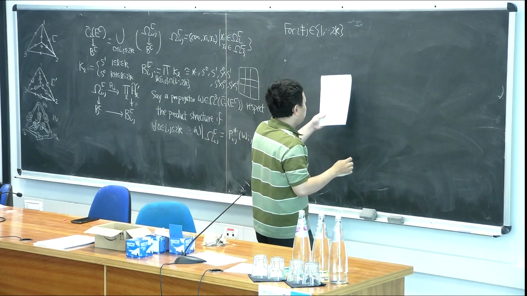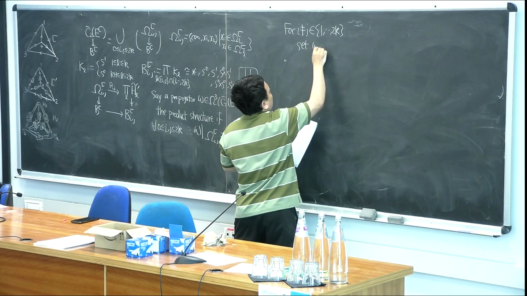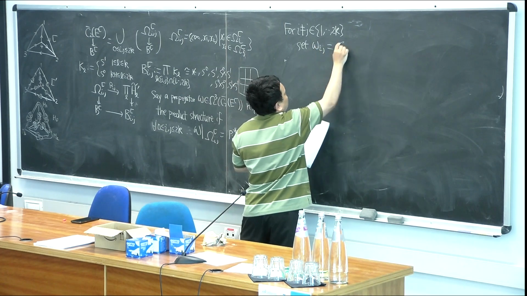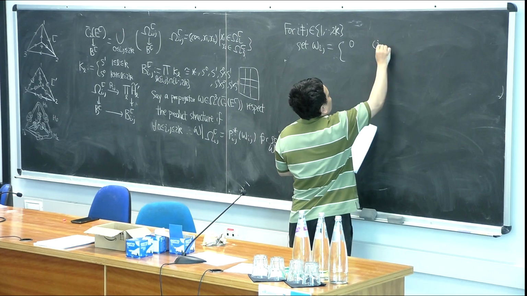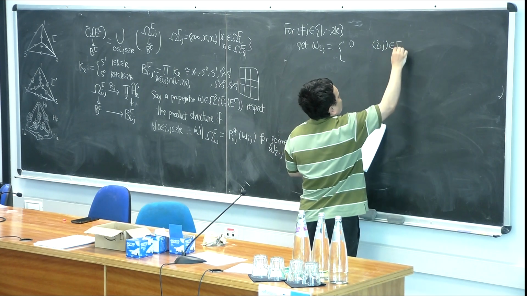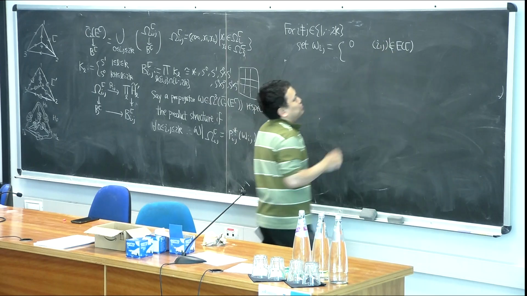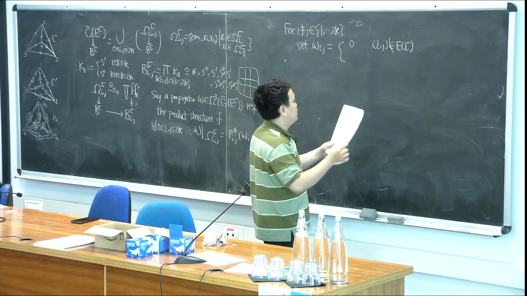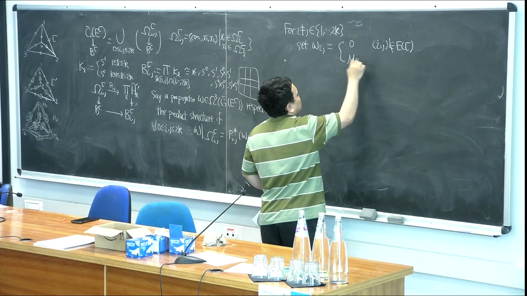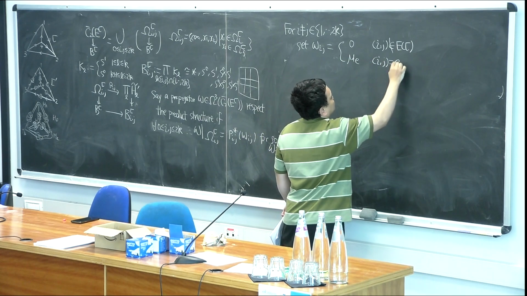We set omega ij to be 0 if there is no edge connecting these two vertices. And we set it to be mu e if ij equals e belongs to the edges. I will define mu e.